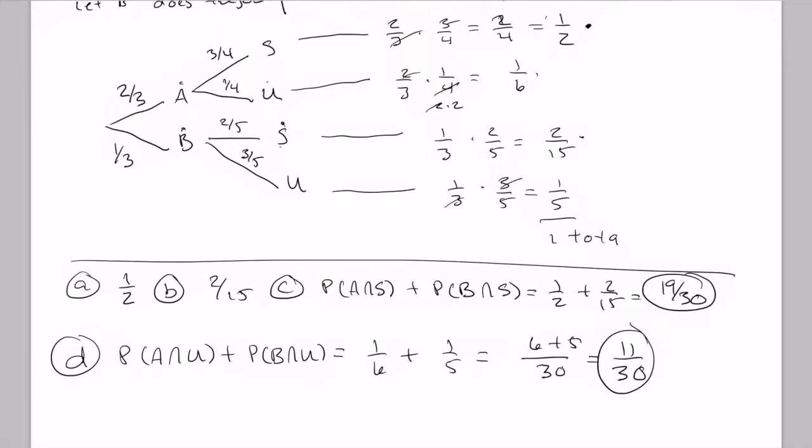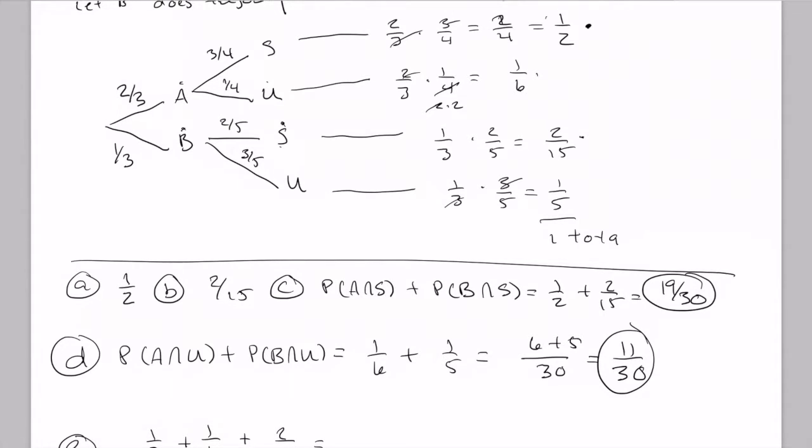So E, so that we have P of A... Find the probability that either A runs the campaign, so it's A, so that means it's 1/2 plus 1/6, or the results are satisfactory, so 2/15.